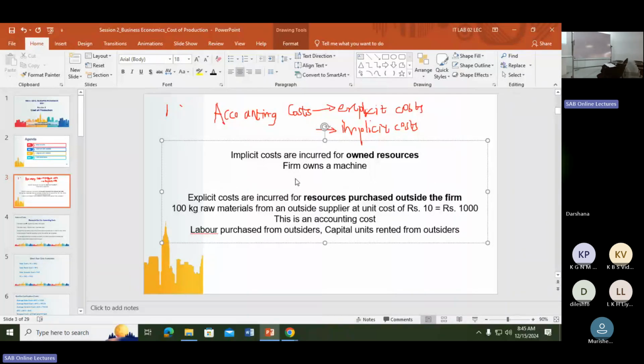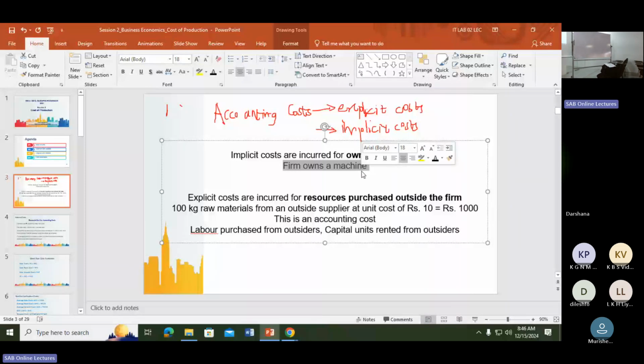For that, do they incur a cost at the present period of time? They might have purchased it several years ago. At the present period of time, they don't incur any monetary cost. They don't incur any cost out of their pockets. So in accounting, we don't assign any monetary cost for an owned machine.